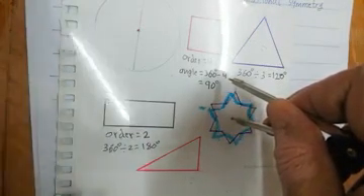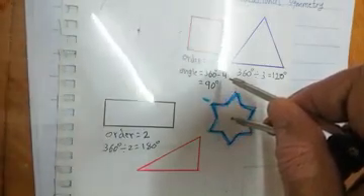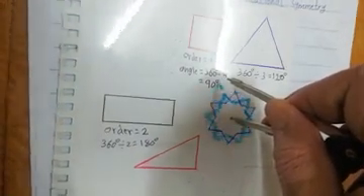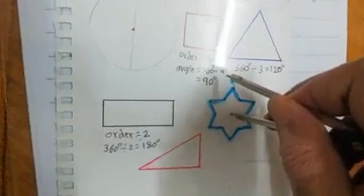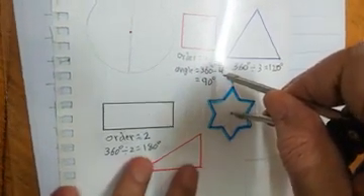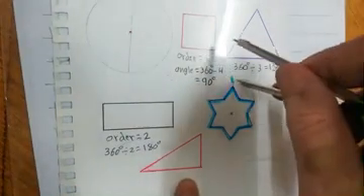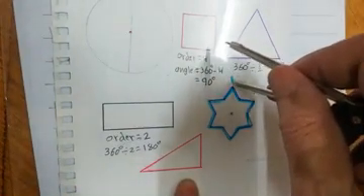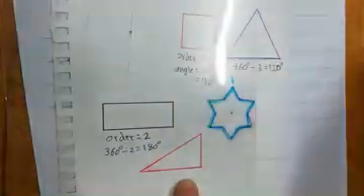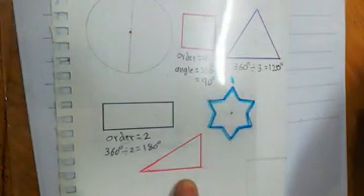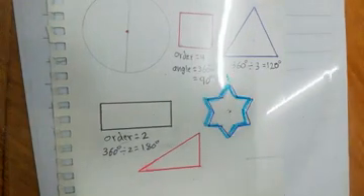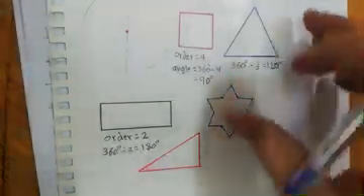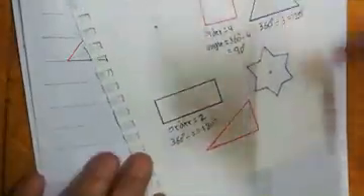It coincides. 5th time. 6th time. Now the tick is on the original position, so the order of rotational symmetry is 6.